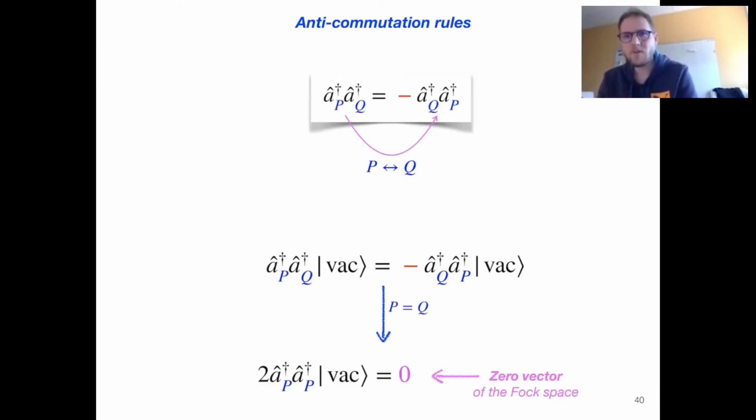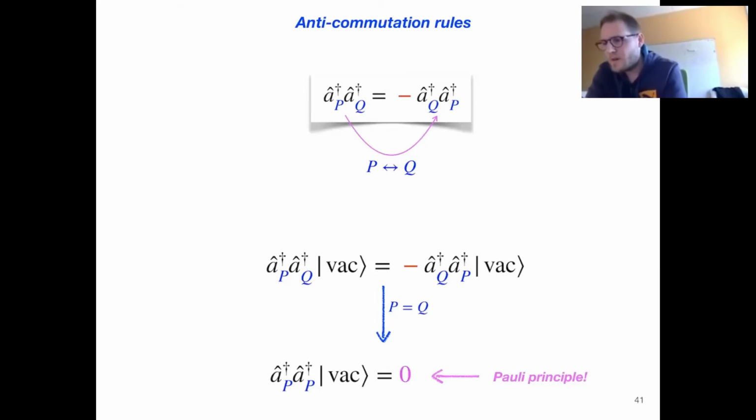According to this anti-commutation rule, you automatically get the zero vector, okay? And I mean really zero, not the vacuum, the zero vector. So what does it mean? It means that you cannot create two electrons and put them into the same spin orbital. And this is what we call the Pauli principle, okay?